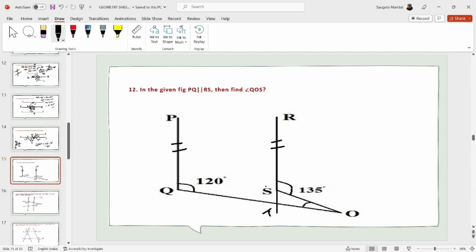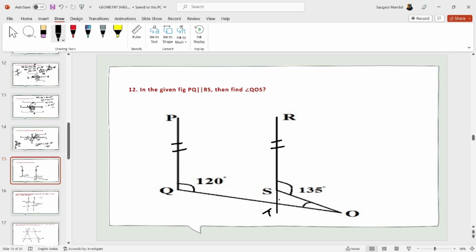In this figure, you see that PQ and RT are parallel to each other. So the angle PQT and angle RTO are equal. Why are they equal?